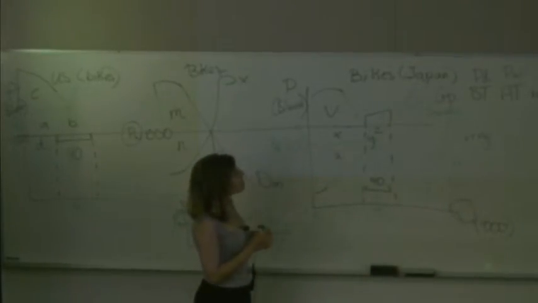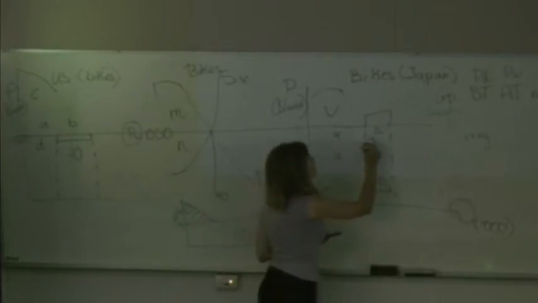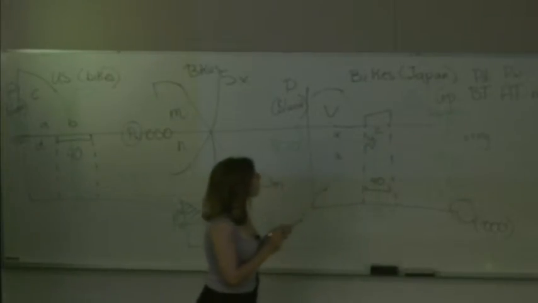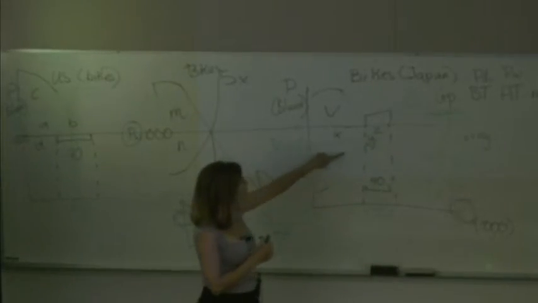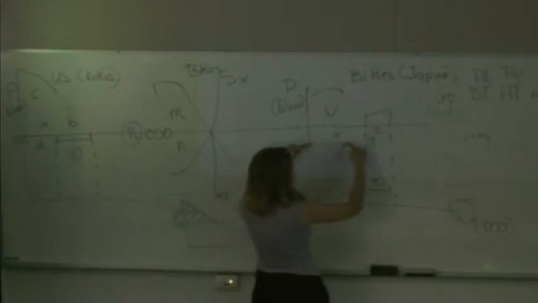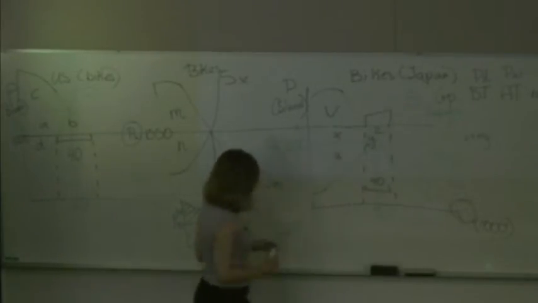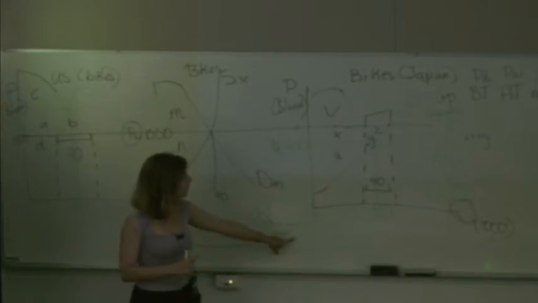The producers are the areas that are above the supply curve and below the price. If this is a W, then their surplus will be U plus W, because it's going to be this triangle here. You can see the equivalent there.